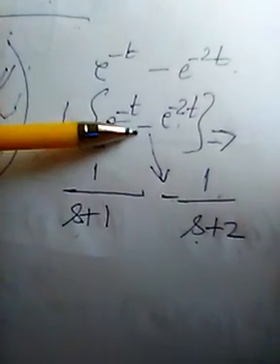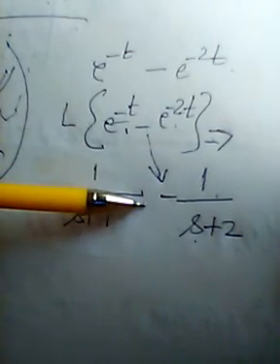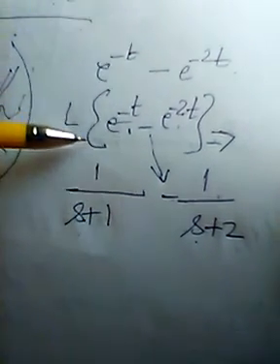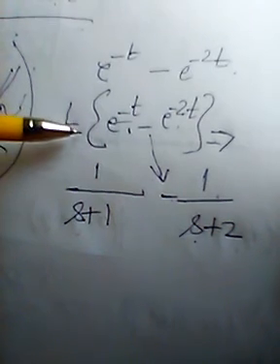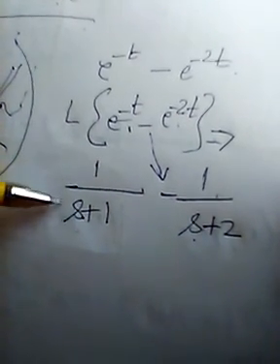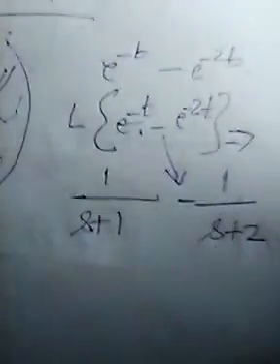We have the intermediate symbol minus, which is a negation. So this particular exponential function of the time domain is transformed into the S domain as 1 by s plus 1 minus 1 by s plus 2, which looks like an algebra that can be used for manipulation of these exponential time variants in terms of the Laplace transform.